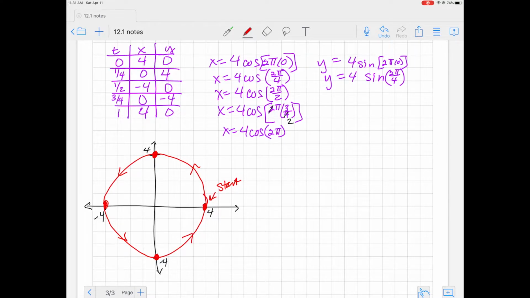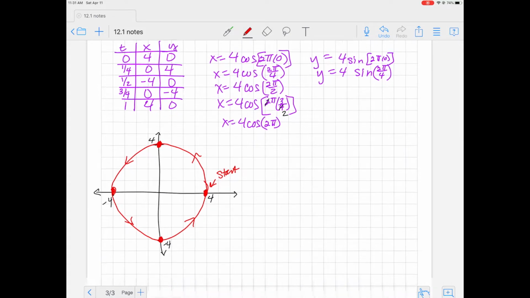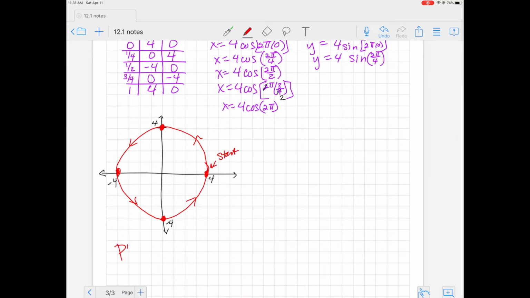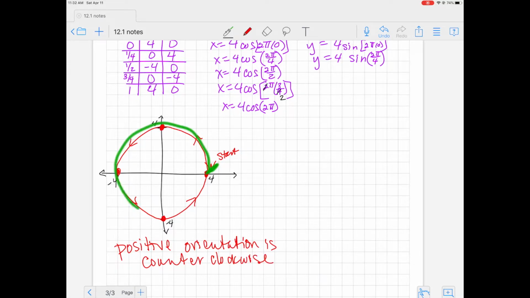You always need to put your orientation on there. So positive orientation in this instance is going to be in that counterclockwise scenario. Because counterclockwise, I'm starting here at 0 and then I'm swinging it around.